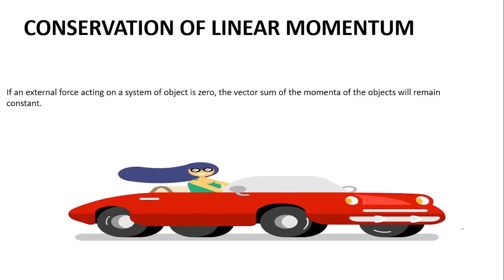If the vector sum of all the forces acting on an object is zero, then that object will keep on being at rest, or it will keep on moving at a constant velocity. Why? Because there is no resultant force. Remember, force is a vector quantity.